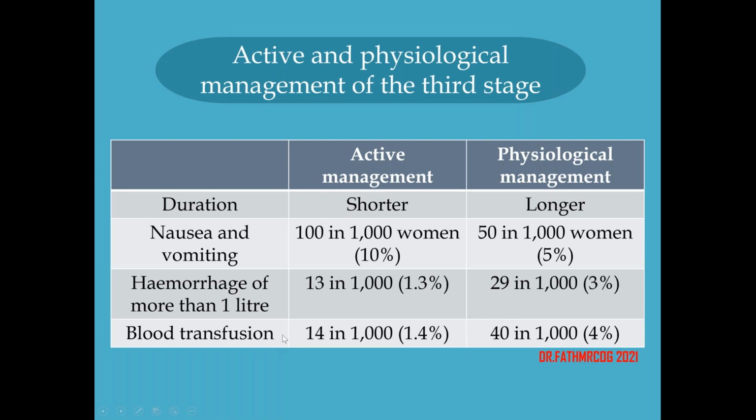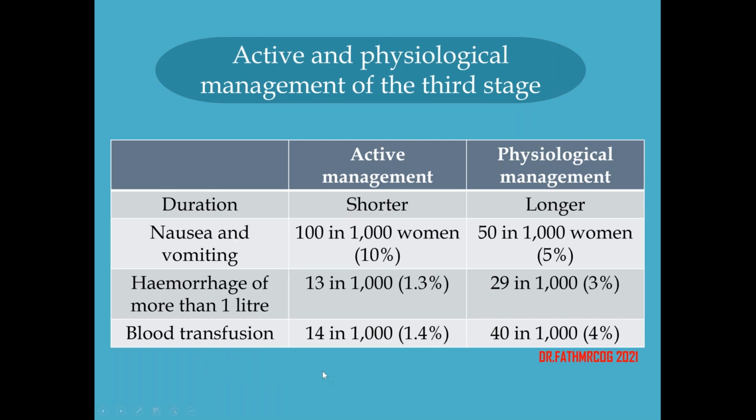And blood transfusion is definitely more in physiological, about 40 in 1,000, about 4%, and here it is less, 1.4%, 14 in 1,000, in active because we use uterotonic drugs to decrease the incidence of hemorrhage and definitely decrease the need for blood transfusion.